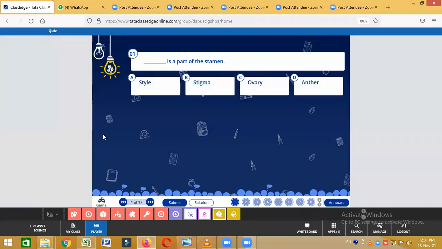Is it visible? Tanmay, is it visible? Yes. Okay. Now the first question is, you will raise the hand only, then I will ask the question. Number 1: dash is a part of the stamen. Raise your hand. Yes, Tanmay, tell me the answer.